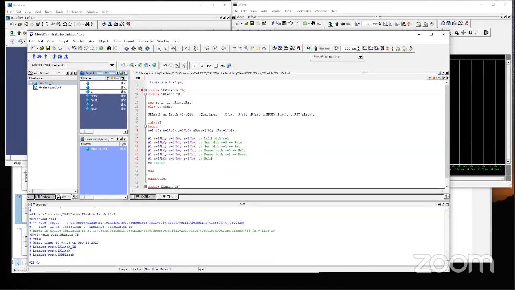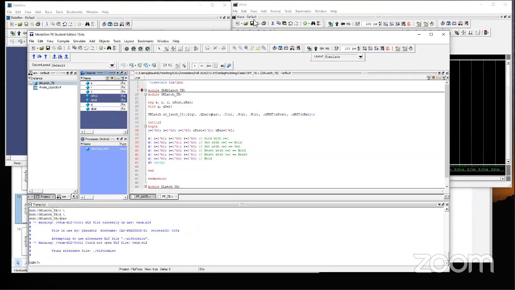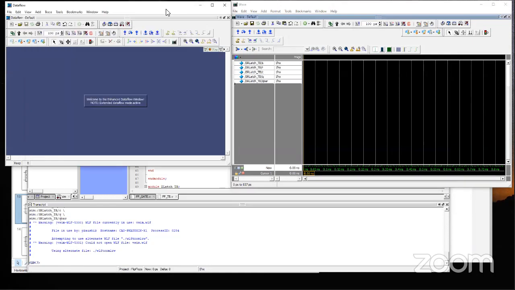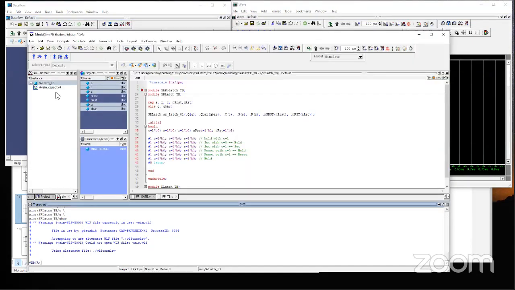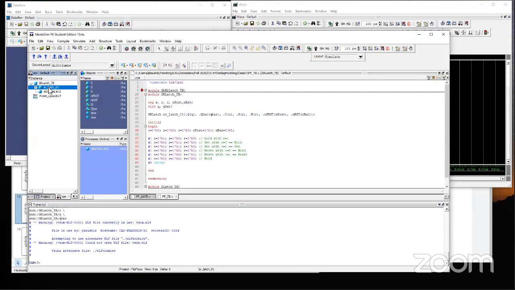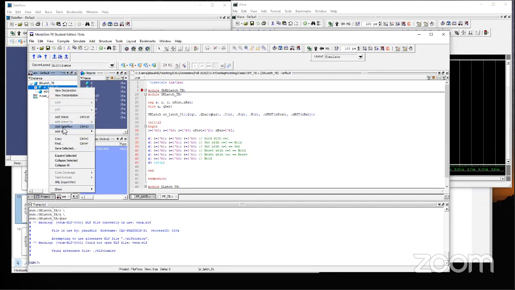I'm keeping the preset and reset at 1, so let's not even observe them. And let's add Q and Q bar to the wave, and also add the latch to the data flow.